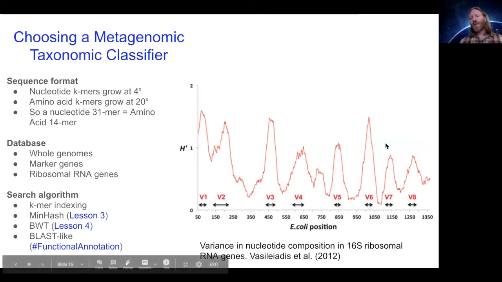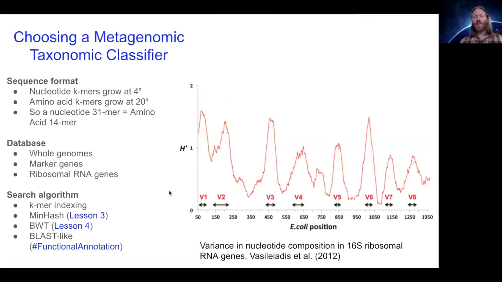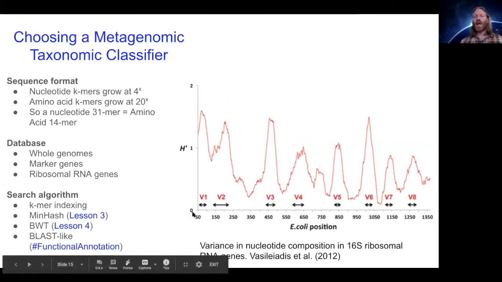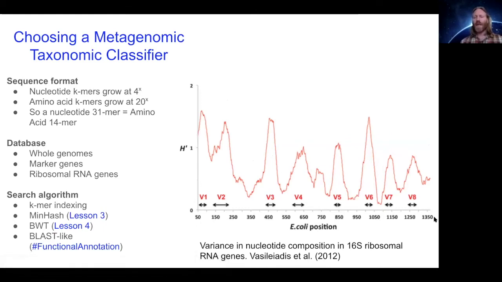So this figure on the right shows an example of what I was saying before about how not all Kmers are created equal. In this case, this is the E. coli 16S position on the x-axis, and then the variability in the bases of a whole bunch of different soil ribosomal RNA genes that appear on the y-axis.